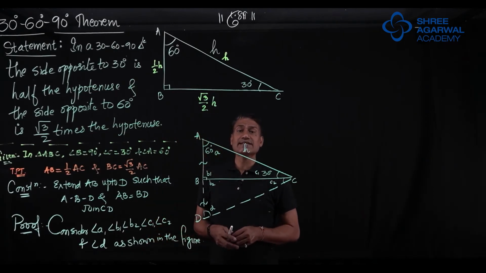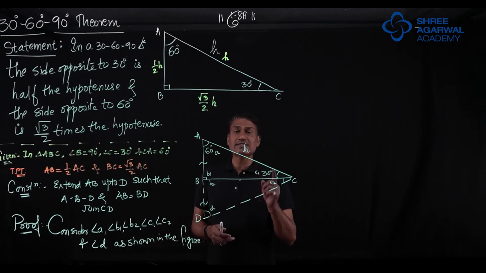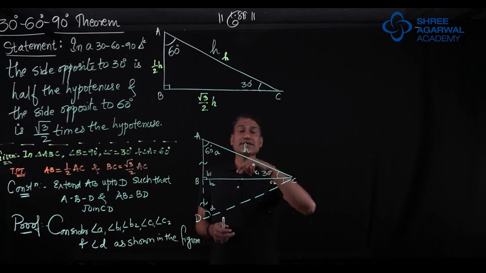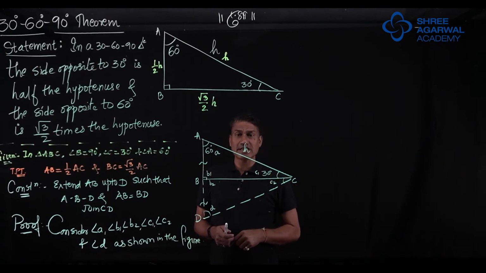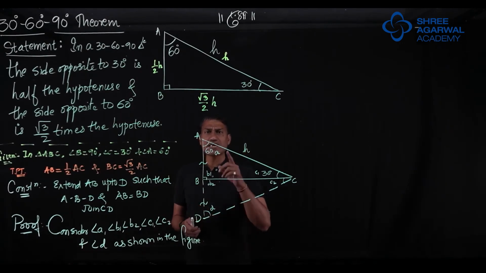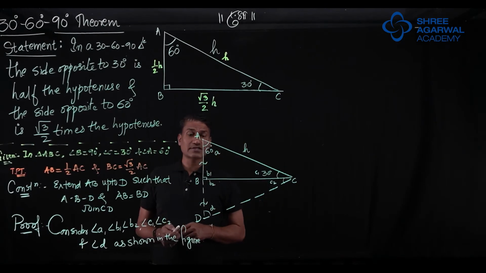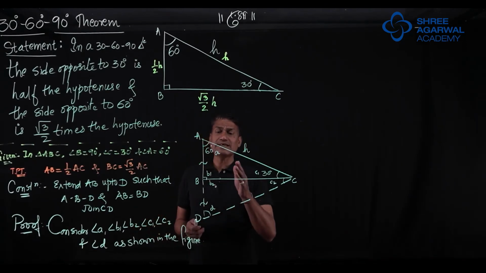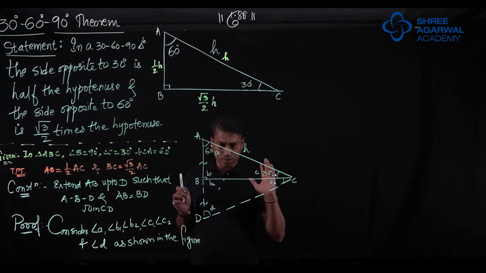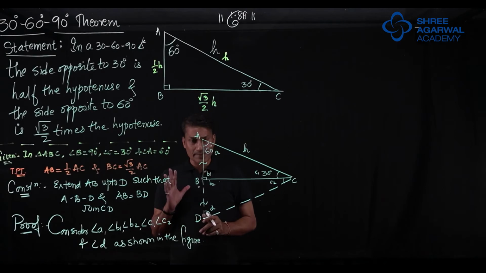Side side side test of congruence, side angle side test of congruence, angle side angle test of congruence, and there is a special test, RHS test, right angle hypotenuse side test. This RHS test is specially applicable for right triangles. So here right triangle is already there, but hypotenuse is congruent to hypotenuse, we don't know. So let us see what is going to happen.